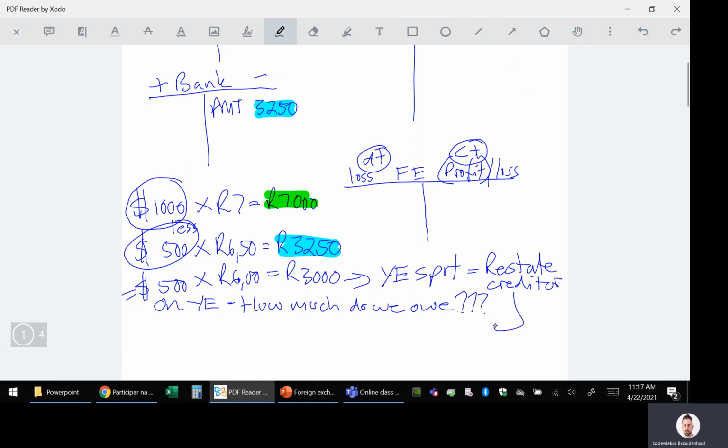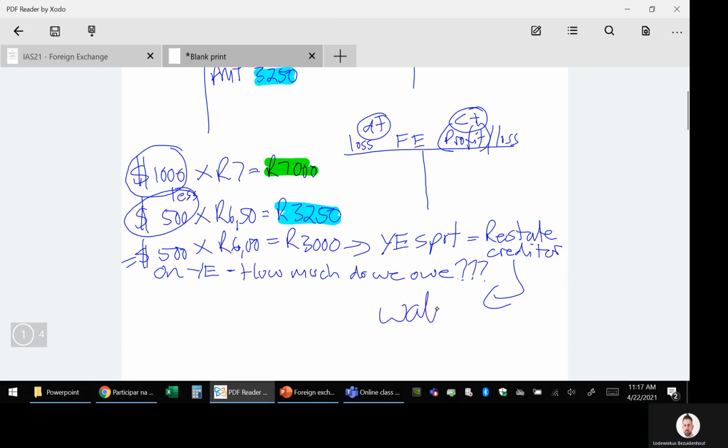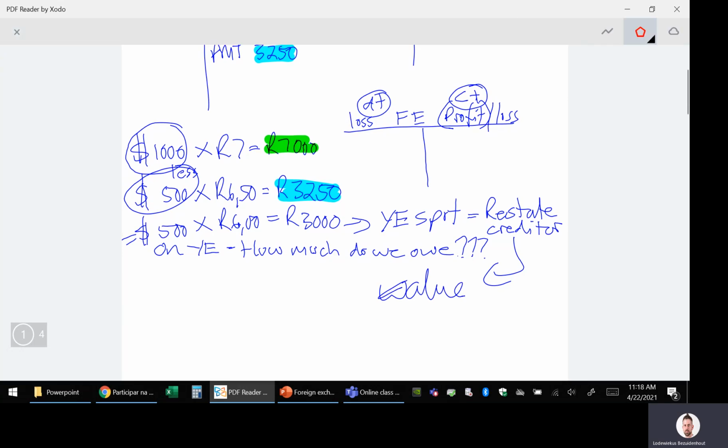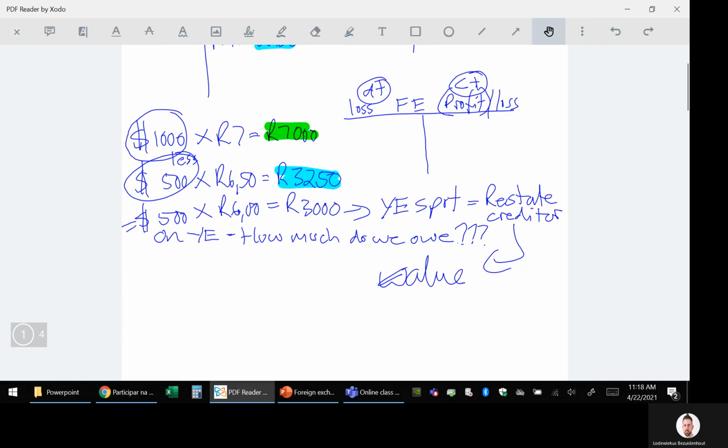That 3,000 is the value of the creditor on year end.